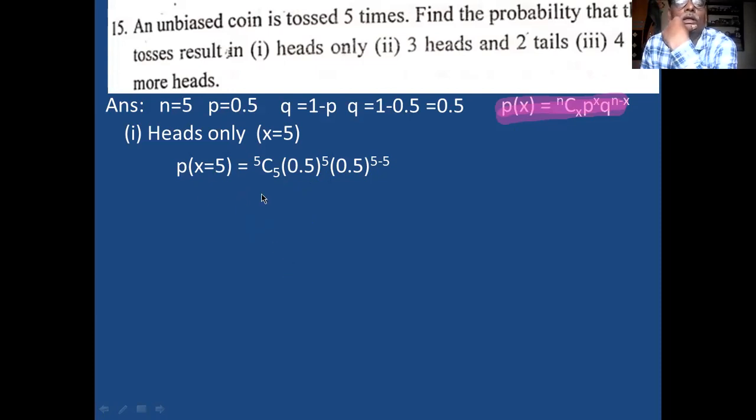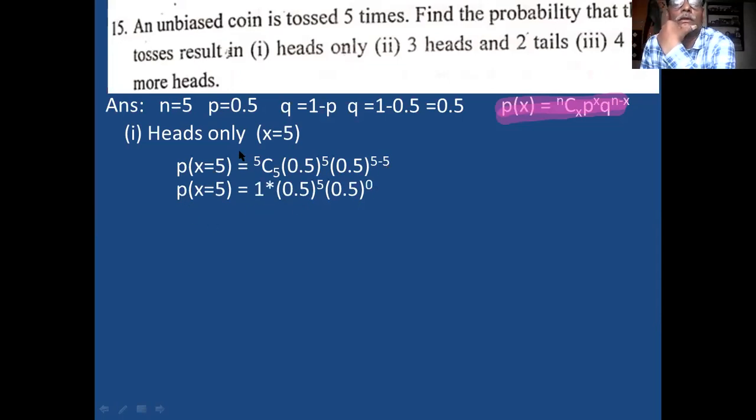No, sir. The next step is 5C5 is equal to 1. Remember this. 5C5 is equal to only 1. And 0.5 raised to 5 minus 5 is equal to 0.5 raised to 0.